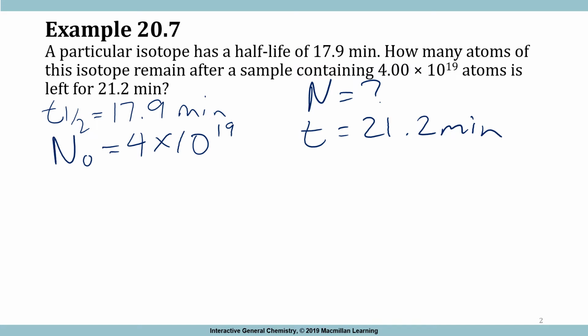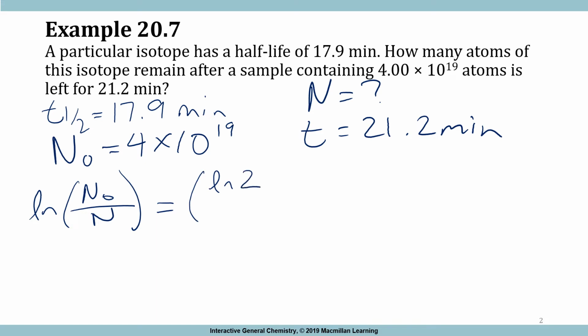So now we just need to have this equation, natural log of N0 divided by N is equal to the natural log of 2 divided by your half-life times time. So we could do the right-hand side right now.